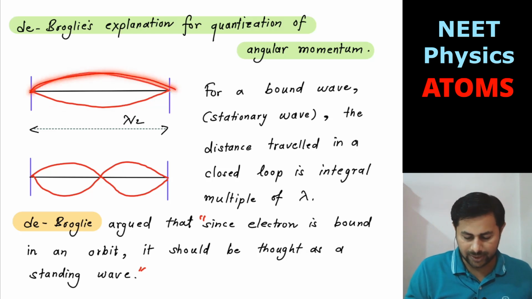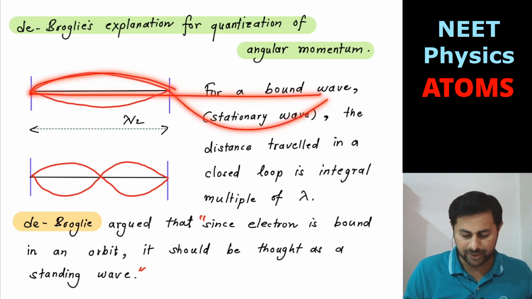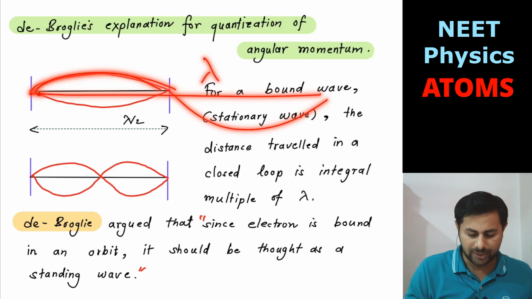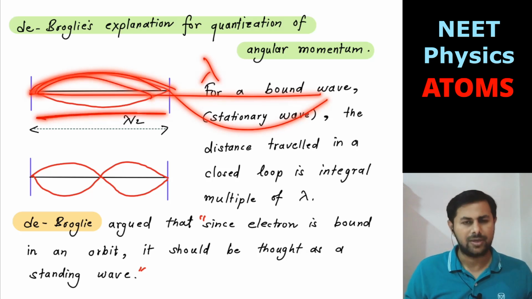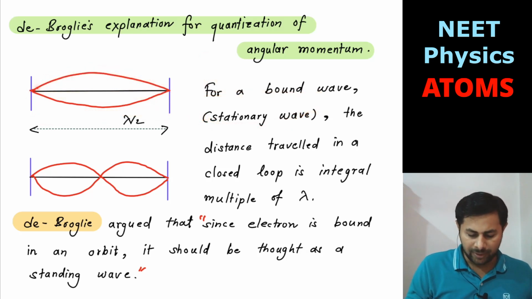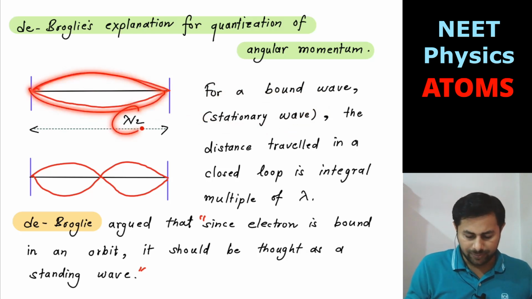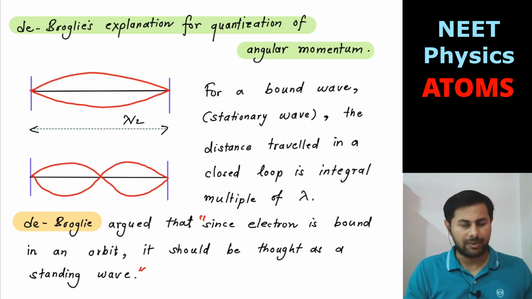This is a crest and trough. This much distance is lambda, so from here to here only, it is lambda by 2. Then the wave goes from here to here, then it comes back. So total distance would be lambda by 2 plus lambda by 2, which means lambda, right?